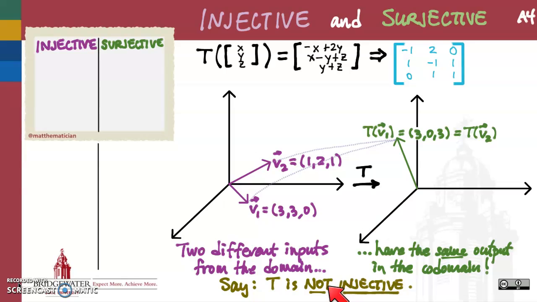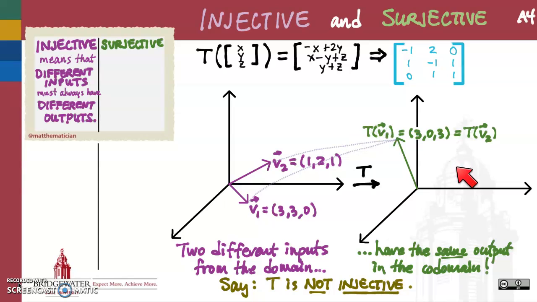Linear transformations that are not injective are erasing some of the important differences between distinct elements of the domain by the time their images arrive in the codomain. So to flip that definition on its head, we say that a linear transformation is injective when it's always the case that different inputs in the domain have different outputs in the codomain. An injective linear transformation is one that preserves and honors all the differences between different vectors in the domain by the time their images arrive in the codomain.